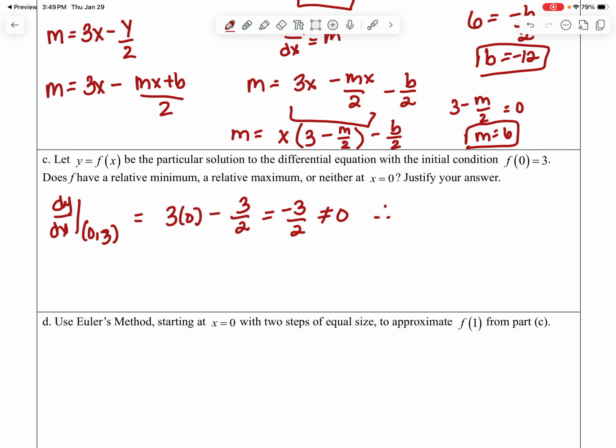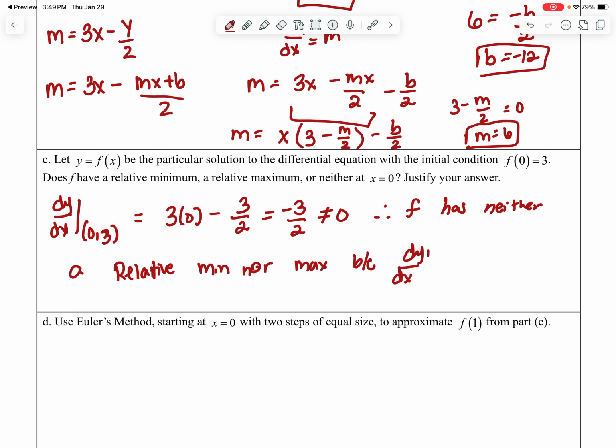Therefore, f has neither a relative min nor max, because the derivative is not 0. Now, if the derivative is 0, then we could use the second derivative test and see whether we're concaving up or concaving down.